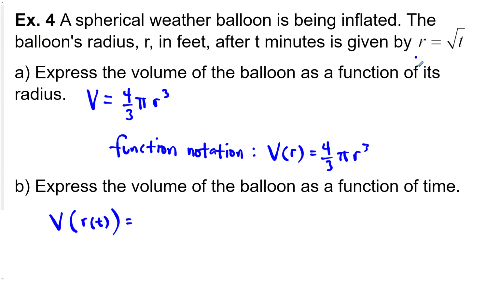And this in function notation would be r of t equals the square root of t. So this is function notation. It means the same thing as that. All right, so v of r of t, and we're going to replace r with r of t, which is that.